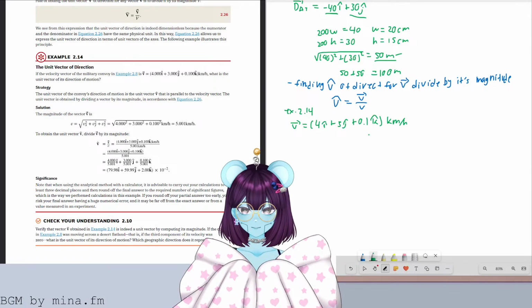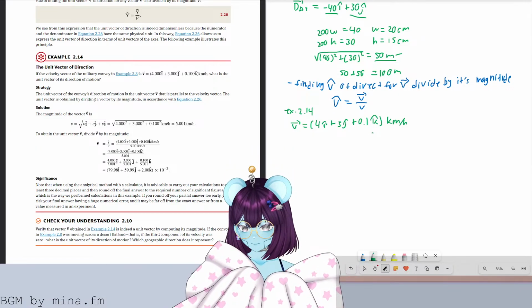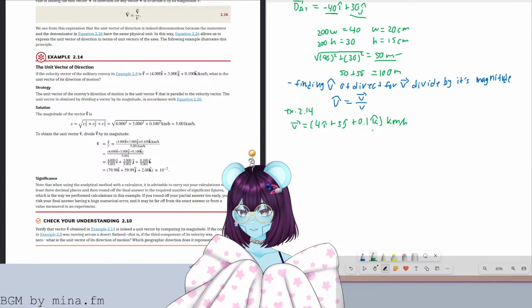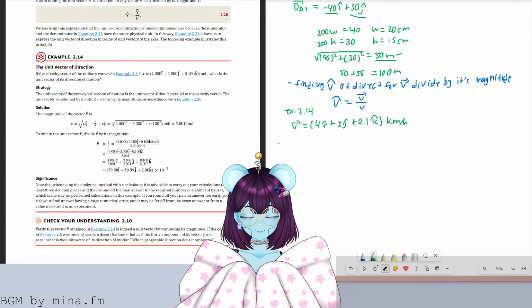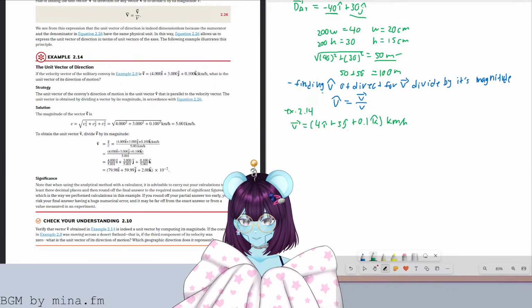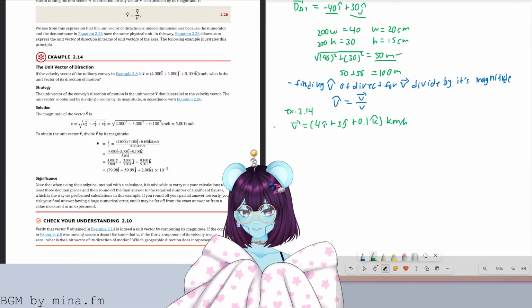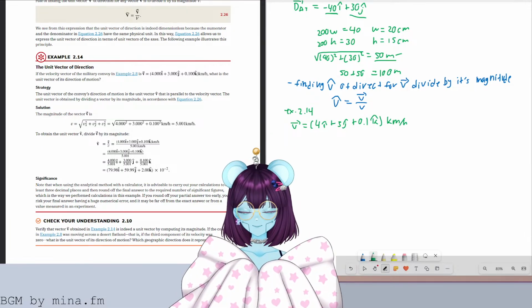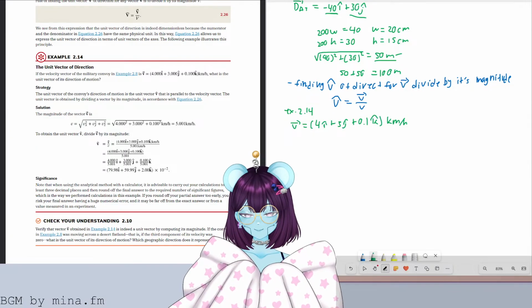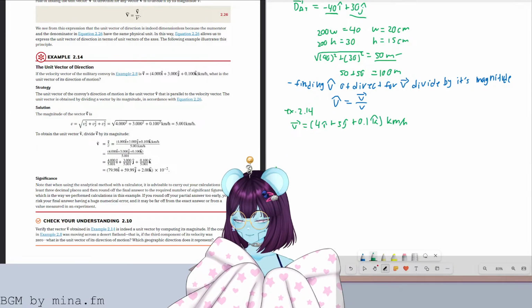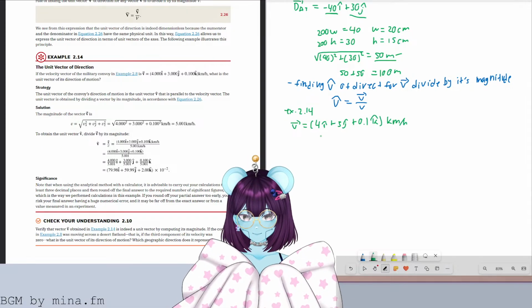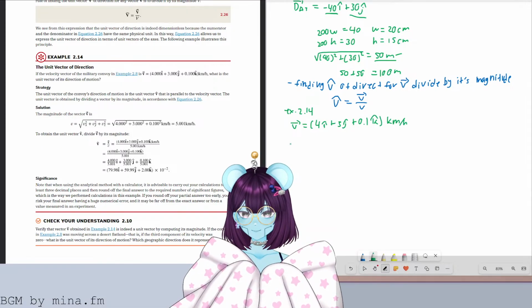So the strategy, they say, to figure this out is the unit vector of the convoy's direction of motion is the unit vector v, and then we have our little hat. So the unit vector v that is parallel to the velocity vector is obtained by dividing the vector, so this vector, by its magnitude.